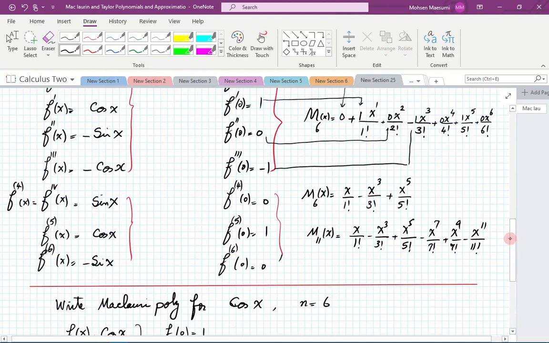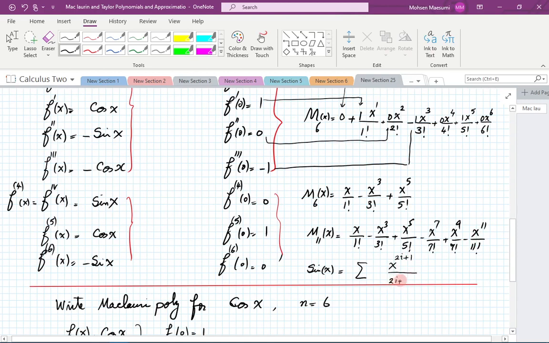So here what we have is a Maclaurin series for sine of x. How does that go? This is a particular series that has the exponent, let's write i. These are all odd numbers, so I can write it as 2i plus 1.